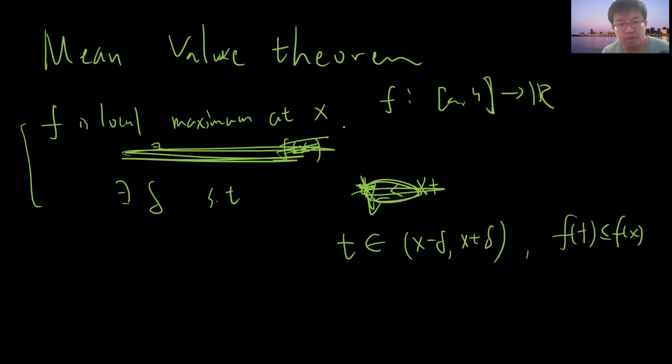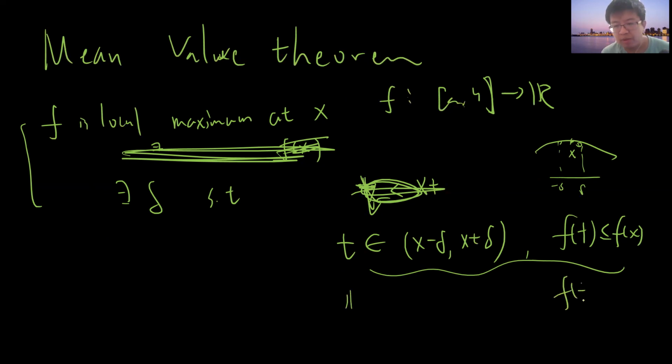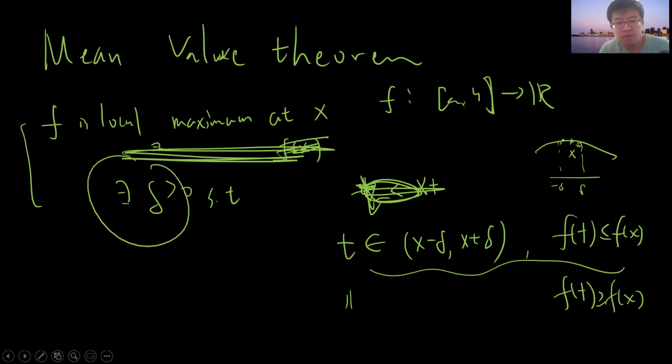So local maximum means that at this point x, you are greater. So there exists a small delta such that in this region x is the largest one. Now you can define a local minimum, the same way: f of t greater than or equal to f of x. So there exists delta greater than 0 such that this holds.